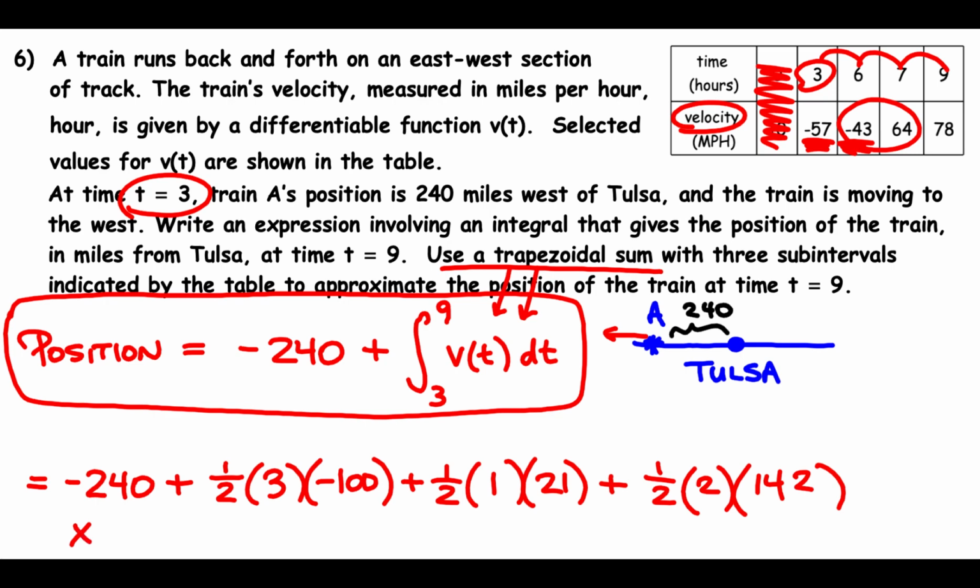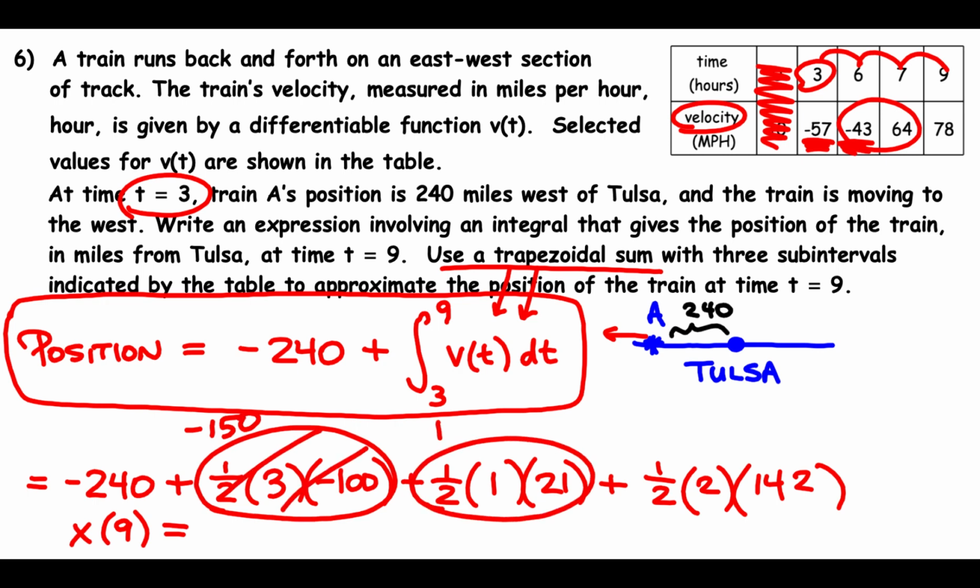The position, I'll call it X since we're just running east and west along the X-axis. The position at 9 is equal to all this added up. Let's see, we've got negative 240. This is going to be negative 150. This will be 10.5. That's positive.